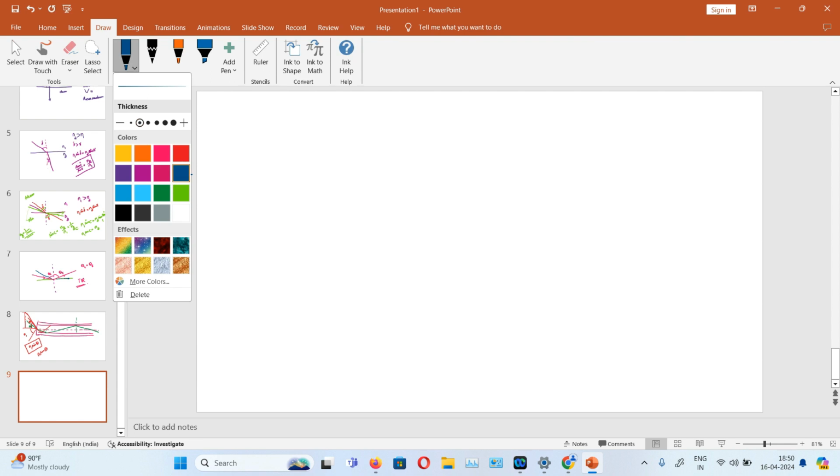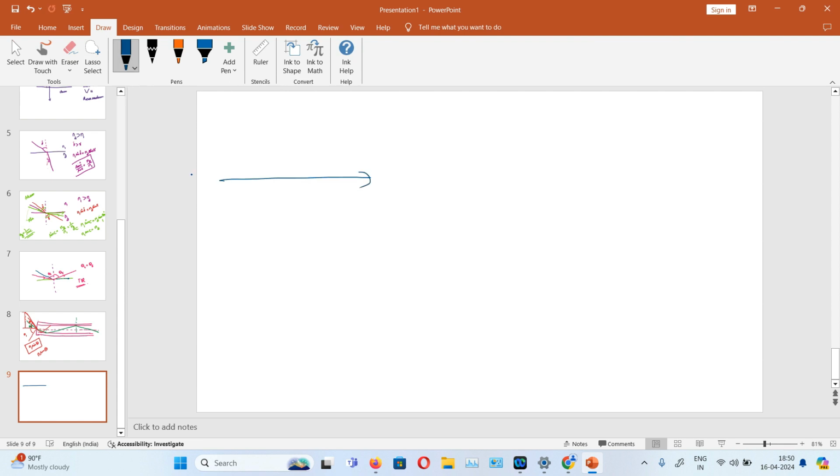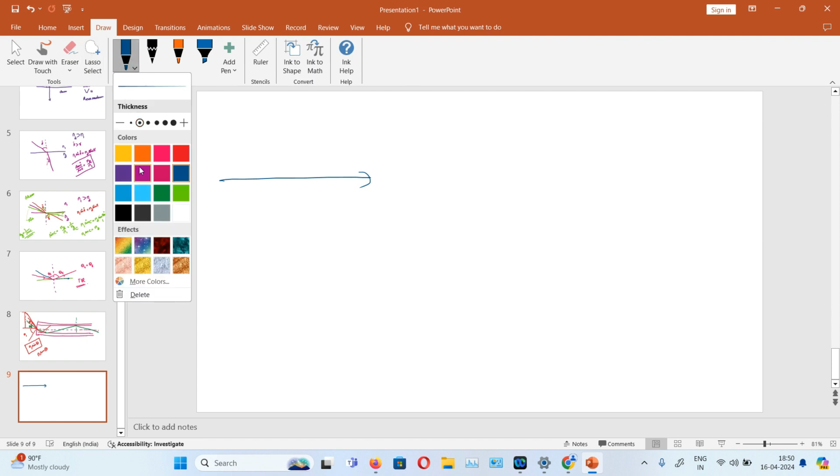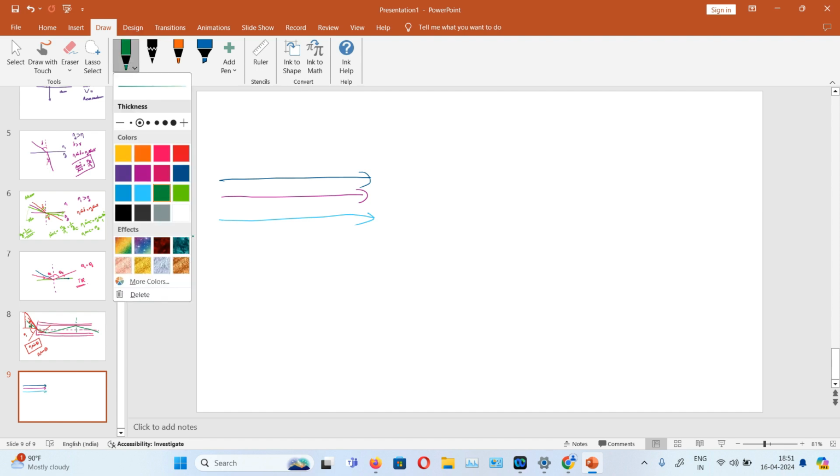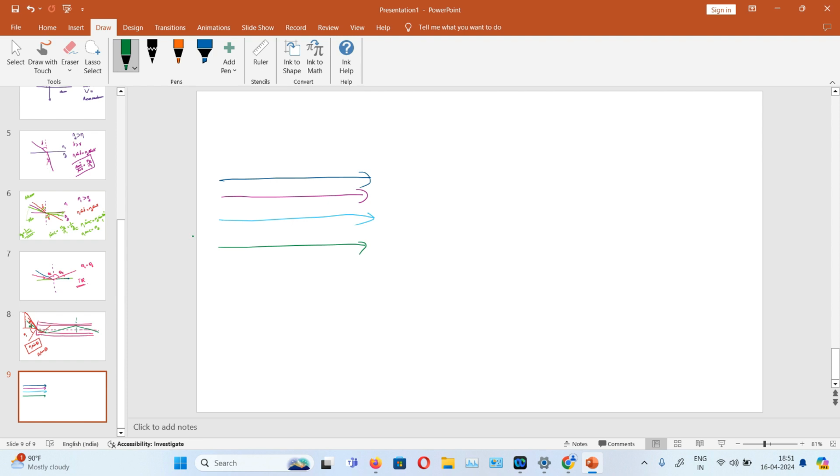A polychromatic light means a colored light with different wavelengths, a mixture of wavelengths. And there is a medium which will absorb this light. What happens? Except this light, all other light will get transmitted.